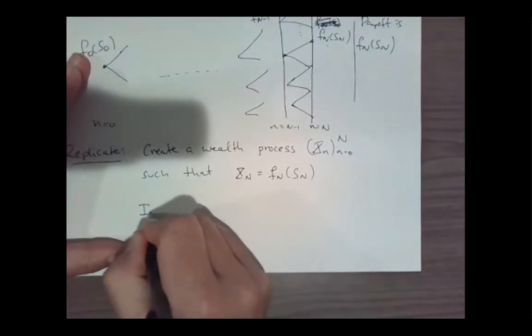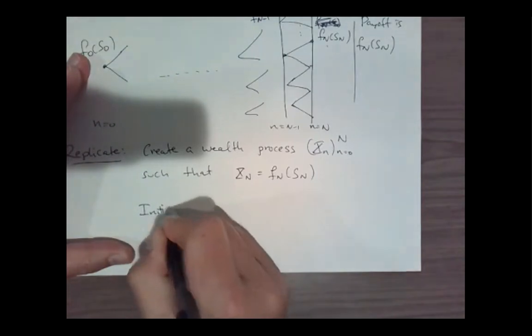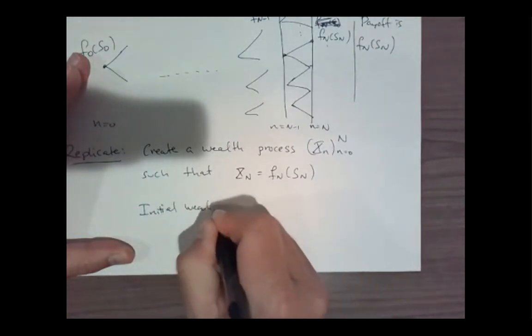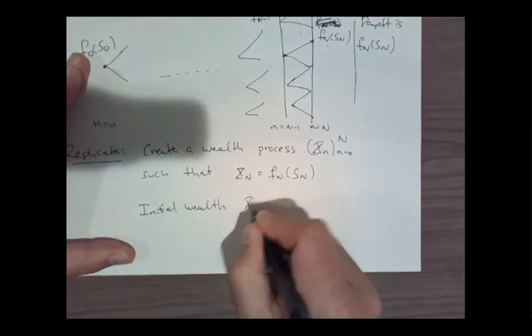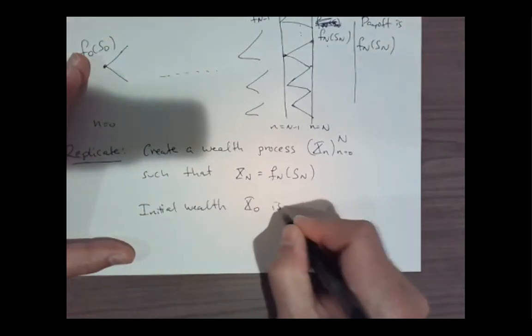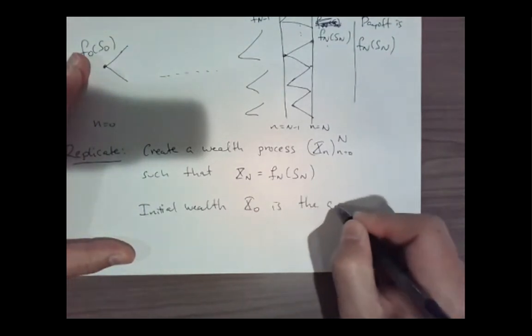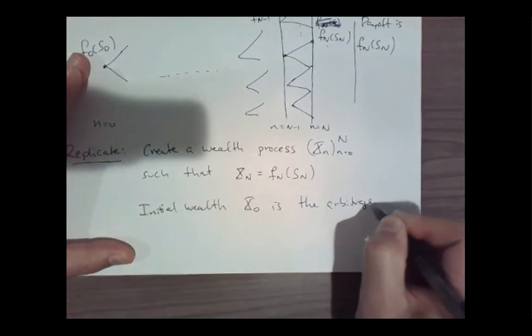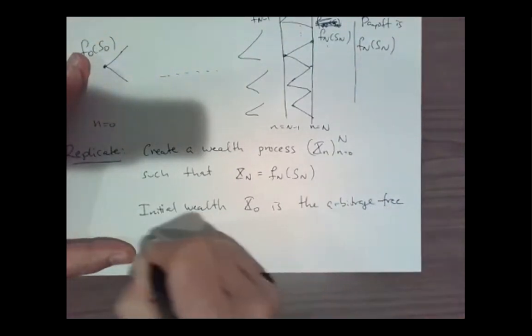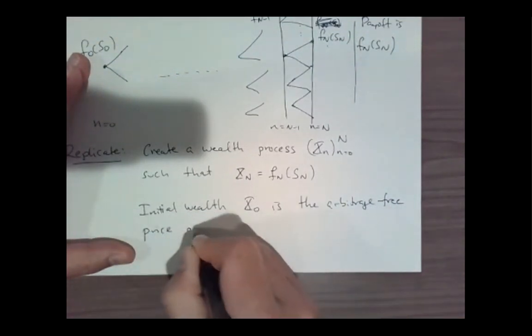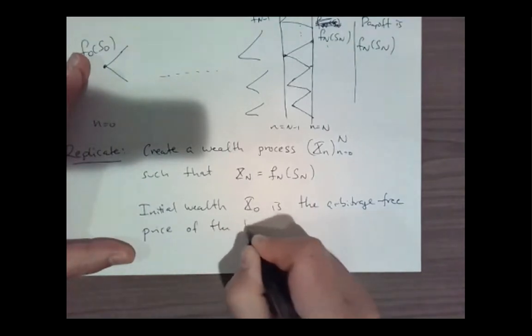Then the initial value, the initial wealth, will be x0. This is the arbitrage-free price of the derivative.